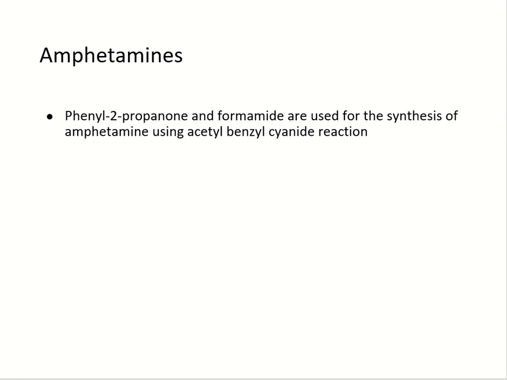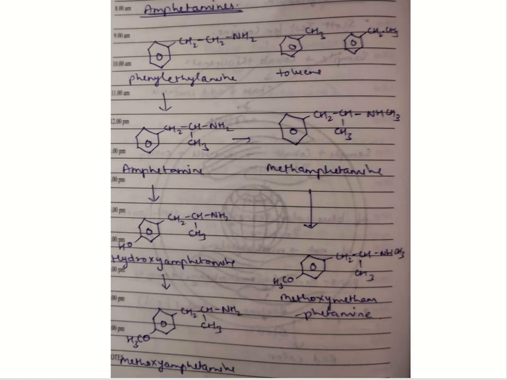Another class of stimulants are amphetamines. Phenyl-2-propanone and formamide are used for the synthesis of amphetamine using the Leuckart reaction. Structure of amphetamines: phenylethylamine, one hydrogen of the middle carbon is replaced with a methyl group and it forms amphetamine.